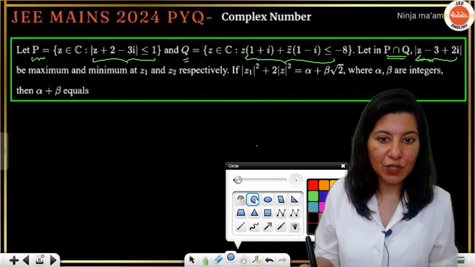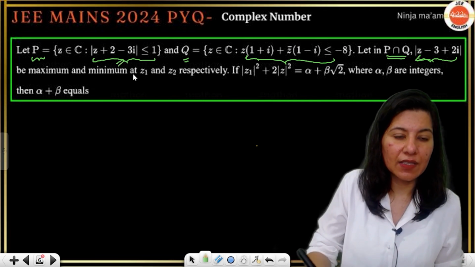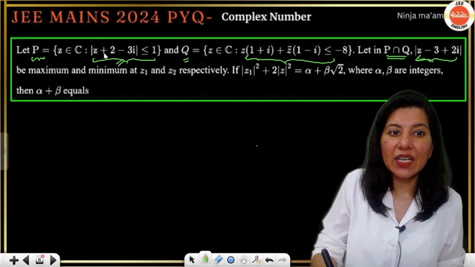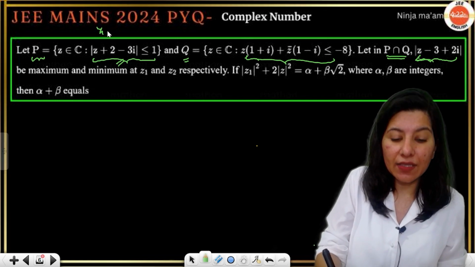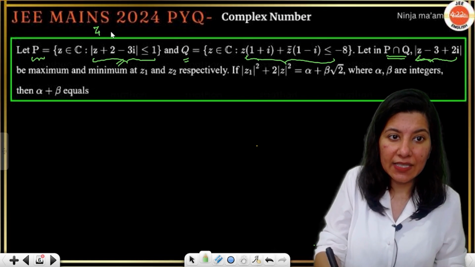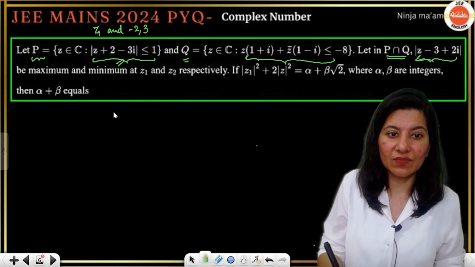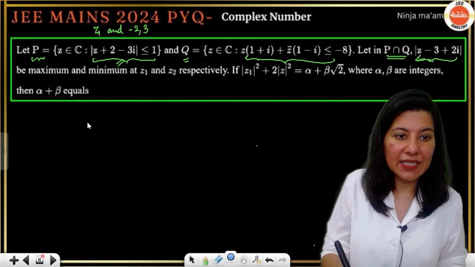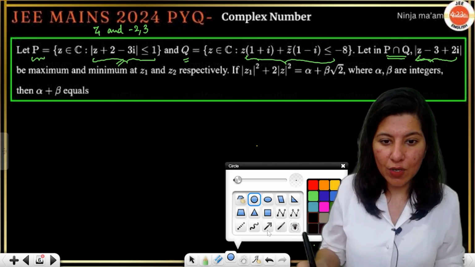So first of all, what is this? This is the distance between Z and minus 2, 3. You know the geometry, right? Let me just draw a straight line.